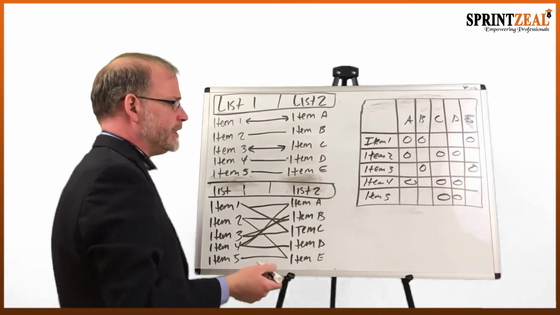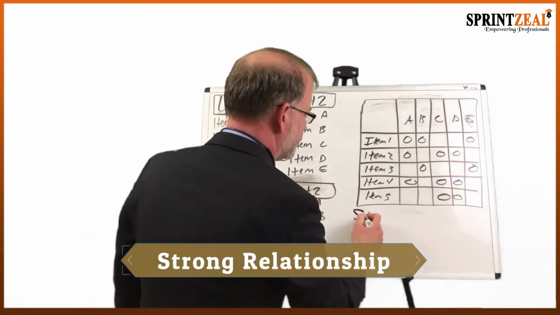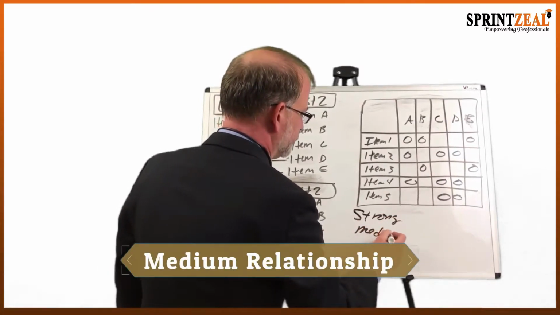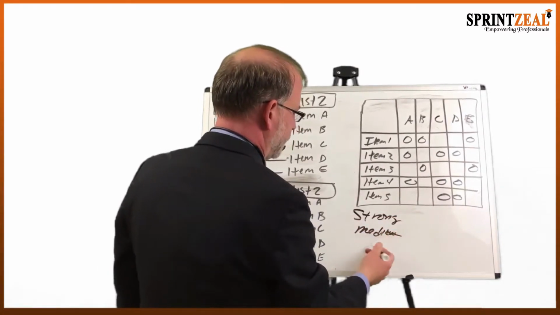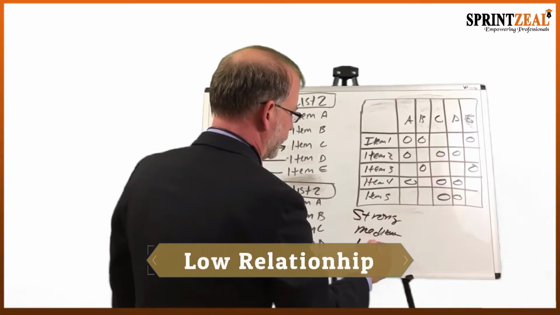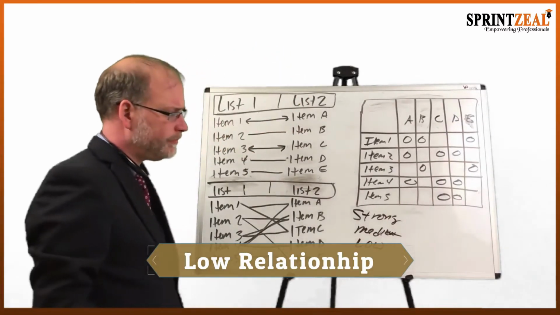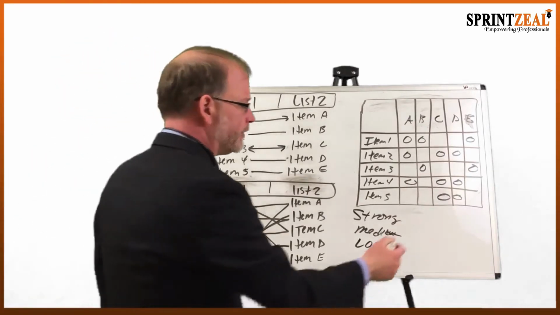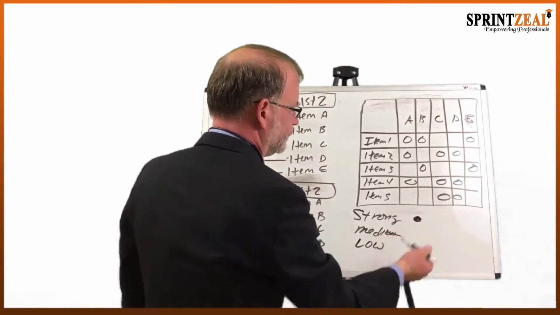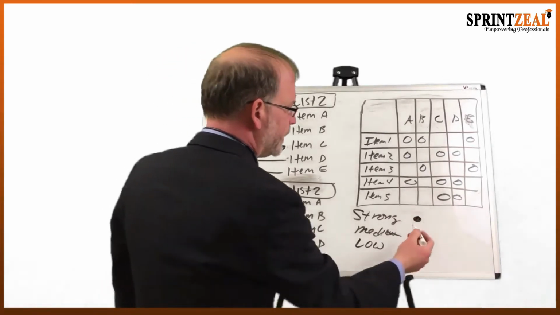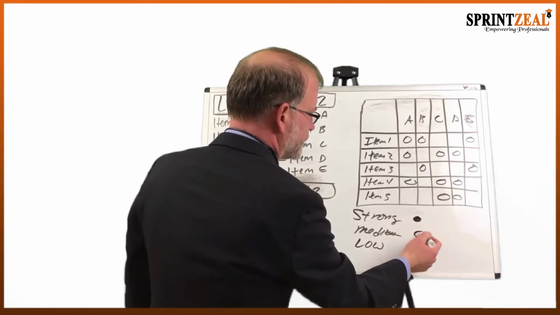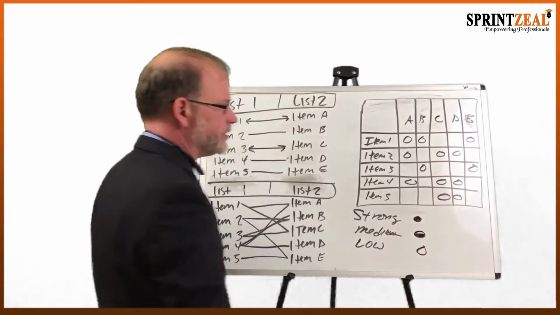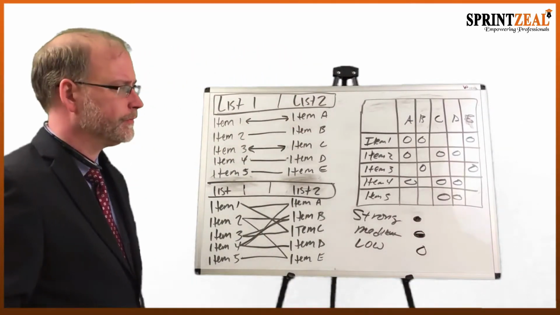So the first one is we have to figure out if it's a strong relationship, a medium relationship, and a low relationship. Now, it doesn't matter what symbols you use, but let's say that a strong relationship is a filled-in circle, while a medium relationship is going to be a circle that is half filled in, and a low relationship is just going to be the empty circle.